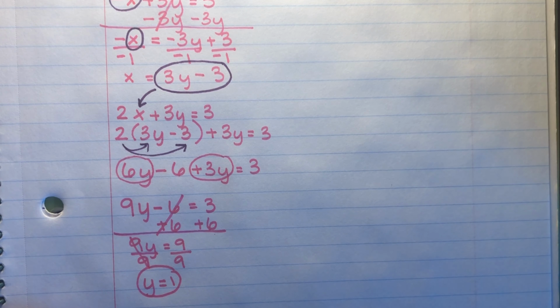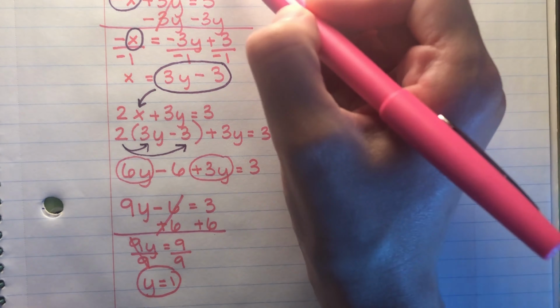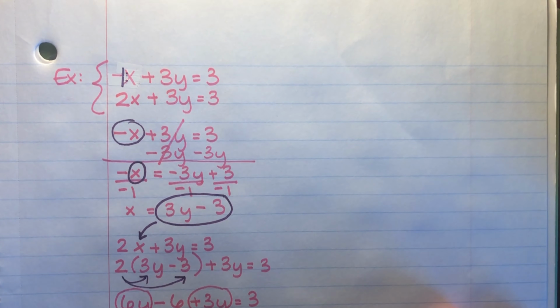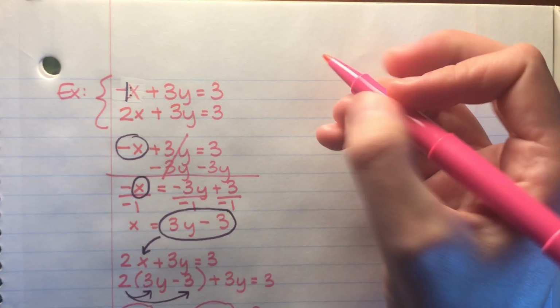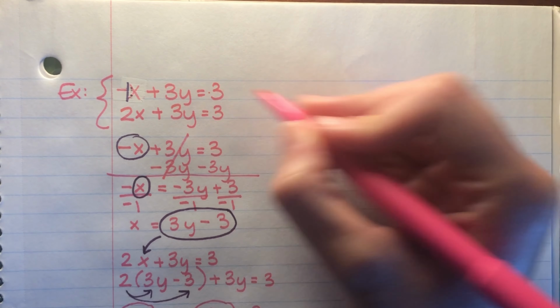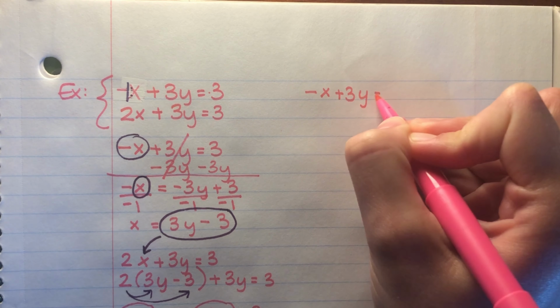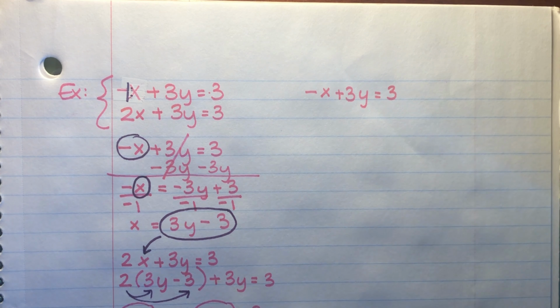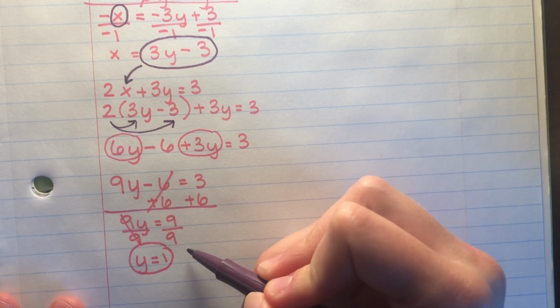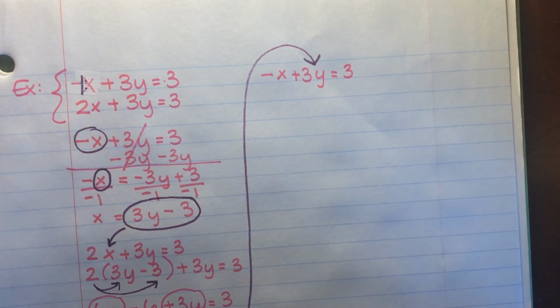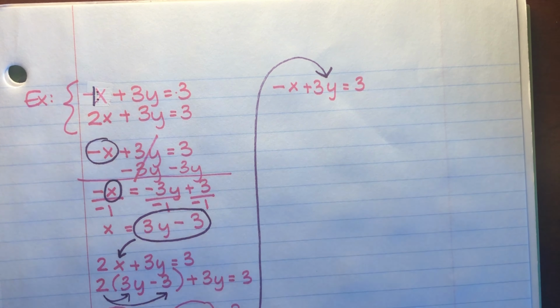Okay, so now that I've found the value for y, I'm going to plug this back into one of my original equations. It doesn't matter which equation, so I'm going to pick the first one. So let's just rewrite our first equation, -x plus 3y equals 3. And I'm going to take my value for y and just plug it into my original equation. So I'm just substituting it.